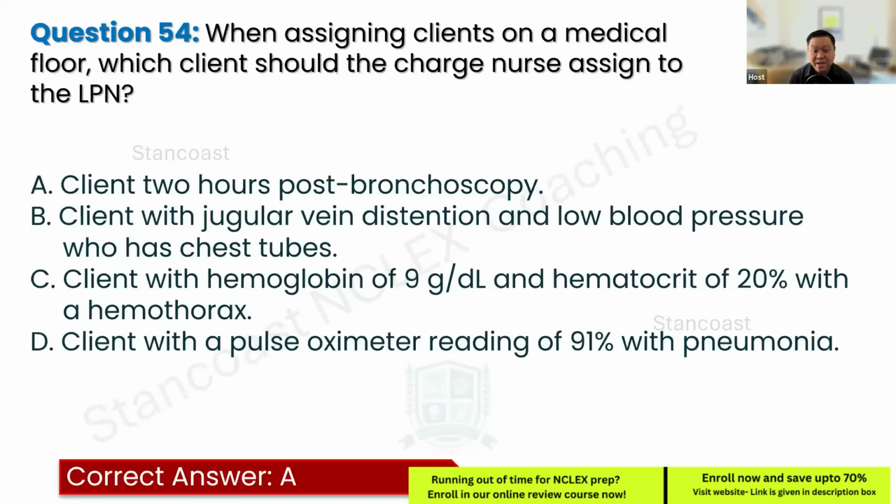So your strategy here is to look for those suitable clients that are stable for the LPN to take care of, and those patients that will require less advanced assessments should be given to the LPN.